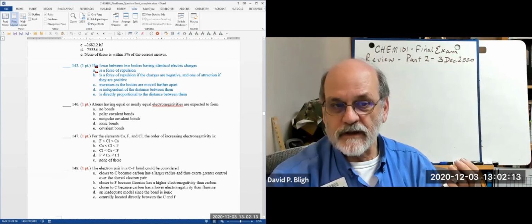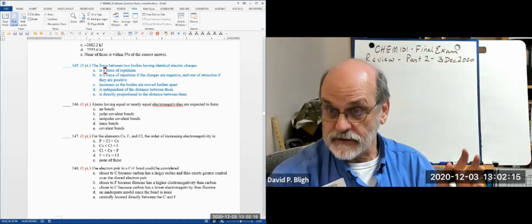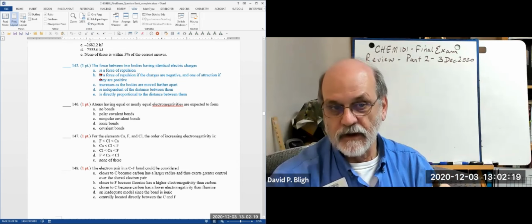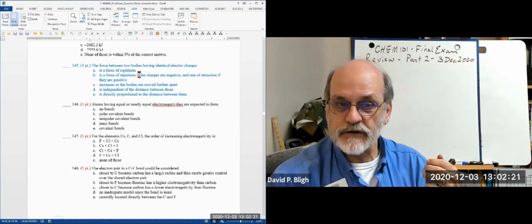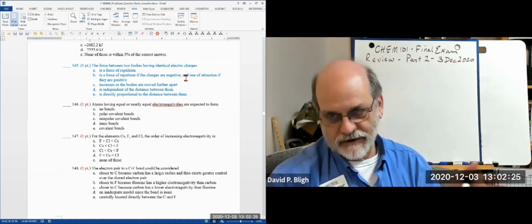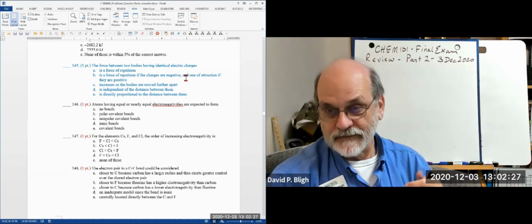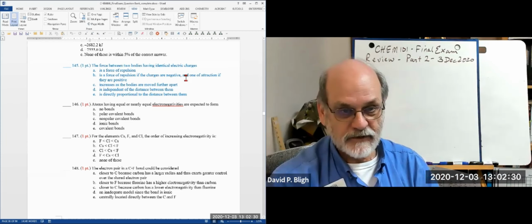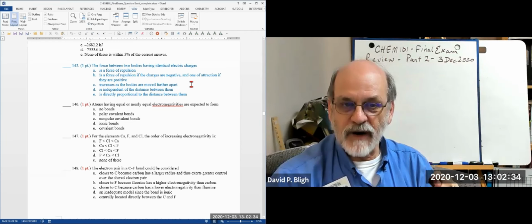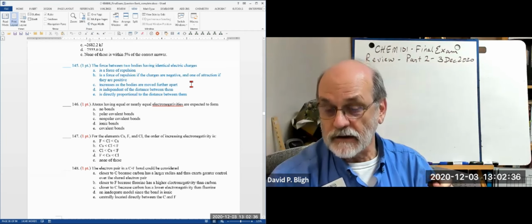The force between them is a force of repulsion. Yes, that's true. Let's see how the others match up. B is a force of repulsion if the charges are negative, and one of attraction if they're positive. Okay, that's wrong. If they're like charges, they repel. So B is false. C increases as the bodies are moved further apart.